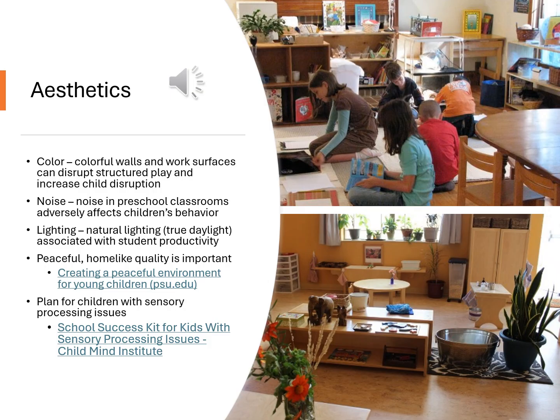Aesthetics may not be a word that you're familiar with, but I am quite certain that you are familiar with something being aesthetically pleasing. Aesthetics is how things look, how they sound, how they smell. And as humans, we are drawn to environments that look good, smell good, sound good, feel good, and we know them when we see them.